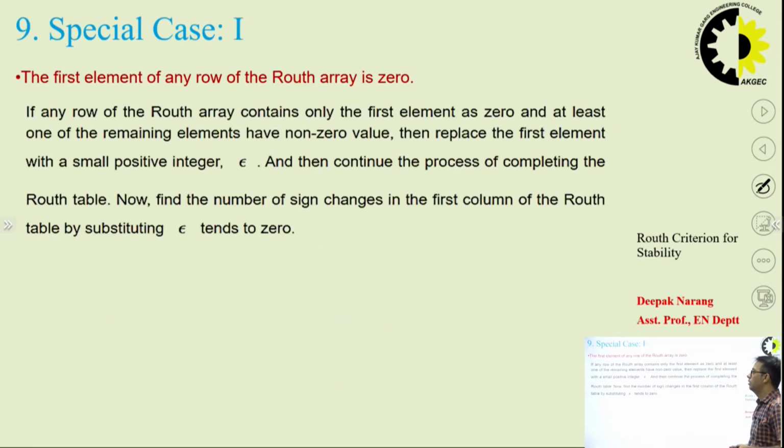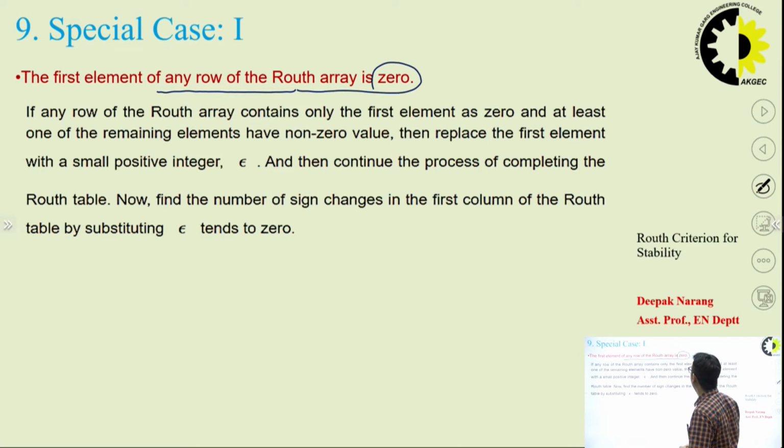Now moving further, we have basically 2 special cases associated with the Routh criterion. Our first case is when the first element of any row becomes 0, then how is that particular system solved using the Routh criterion?